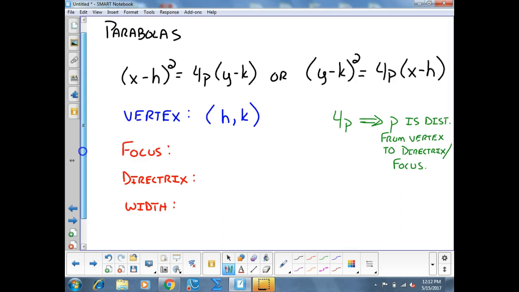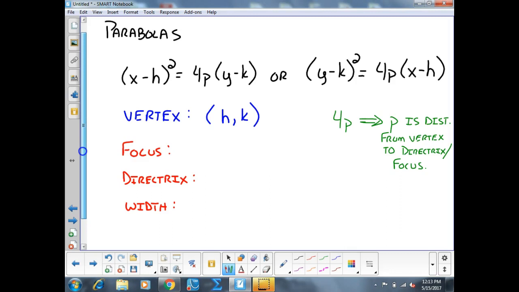How do you figure that? The width, 4P. The width of the parabola through the focus. 4P is the width of the parabola through the focus.